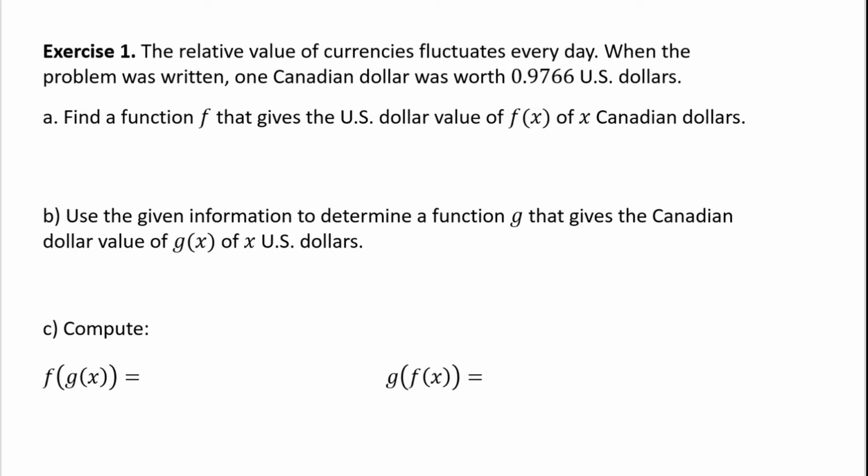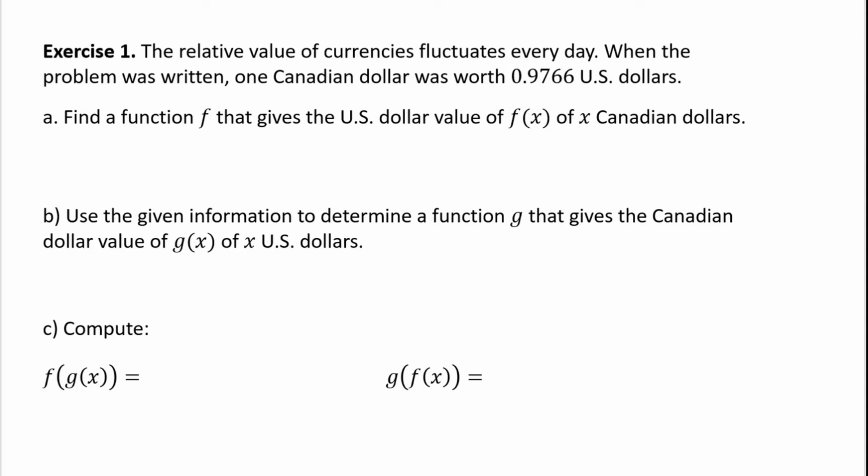Before we get too far in, let's consider this motivating application. Problem. The relative value of currencies fluctuates every day. When the problem was written, 1 Canadian dollar was worth 0.9766 US dollars. Part A, find a function f that gives the US dollar value of f of x Canadian dollars.